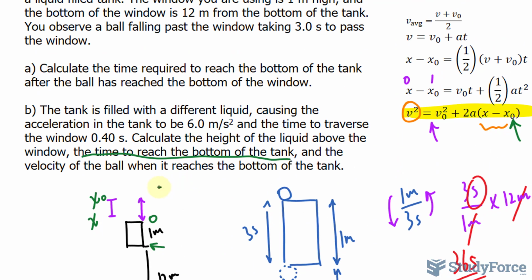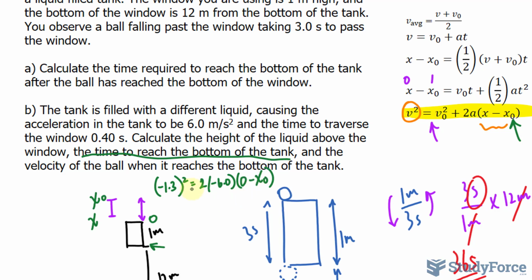So I have -1.3 squared is equal to the initial velocity raised to the power of 2. Let's assume that the ball was thrown at an initial velocity of 0, so that gets rid of that part. 2 times -6.0 times 0 minus what we are looking for.